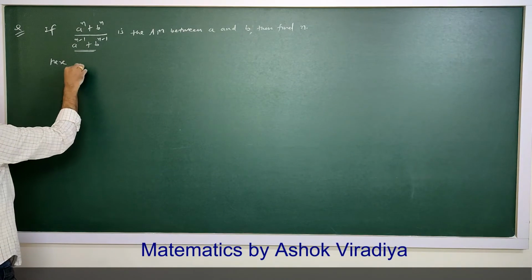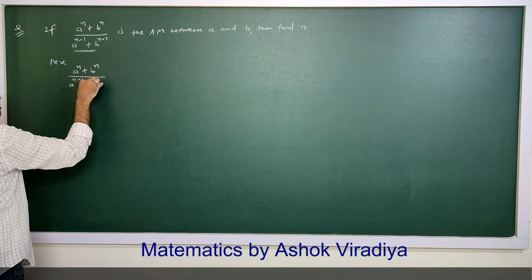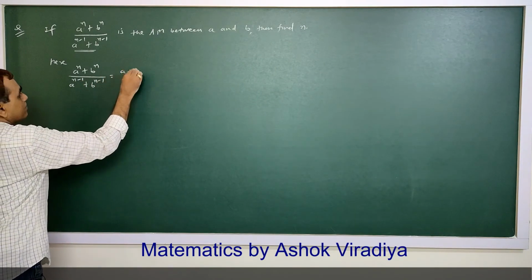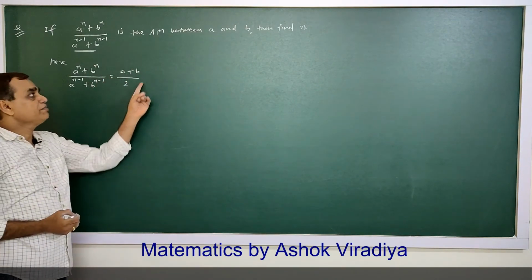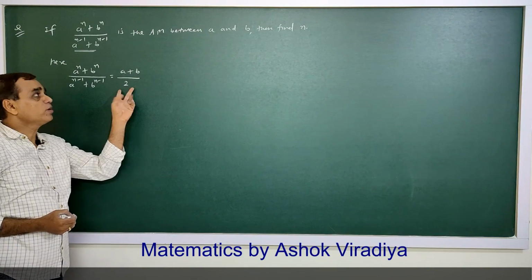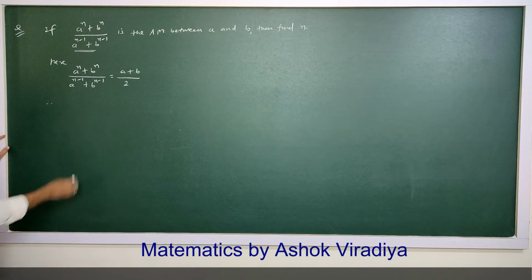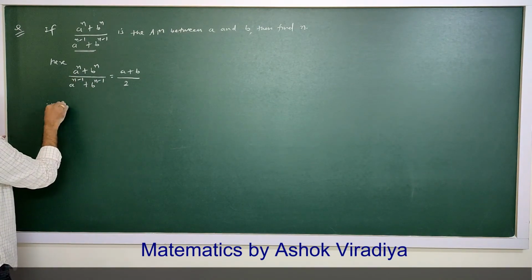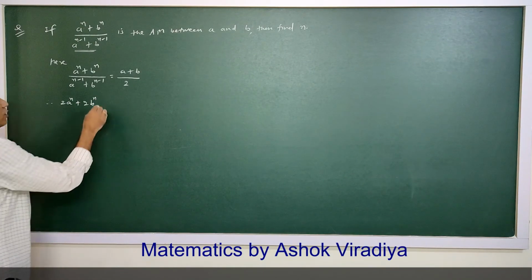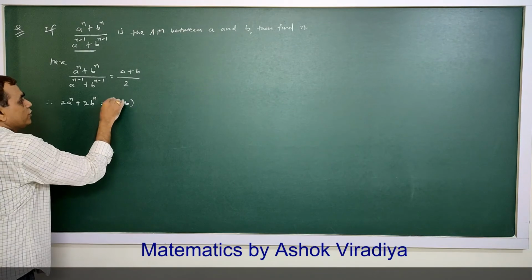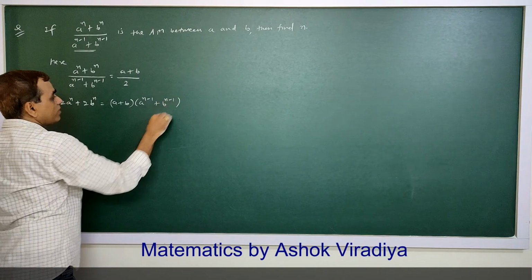So, this is equal to a plus b by 2, the arithmetic mean between a and b, as given. Now simplifying this equation, I am multiplying 2 on this side: 2 times a raised to n plus b raised to n equal to a plus b into a raised to n minus 1 plus b raised to n minus 1.